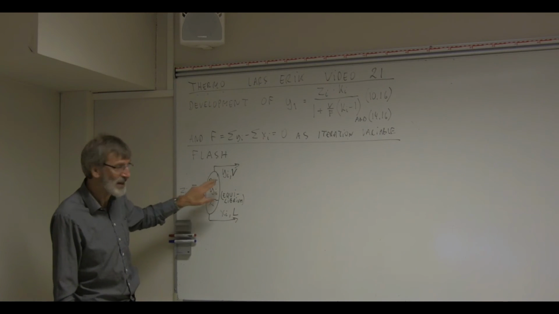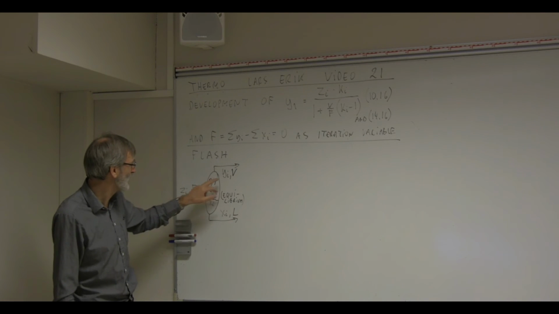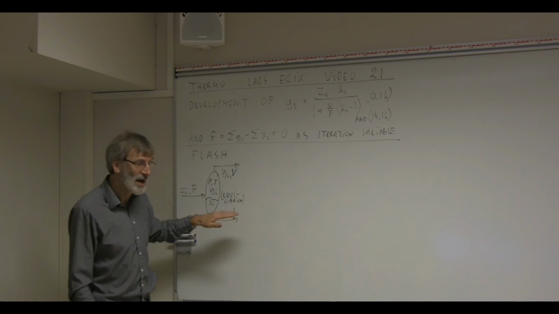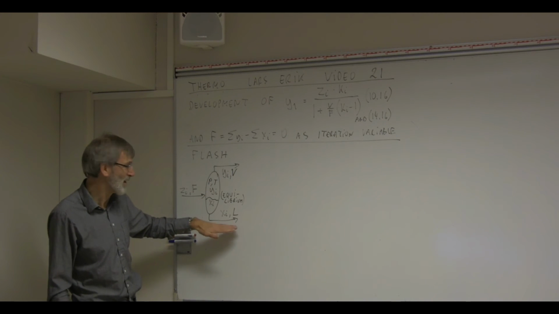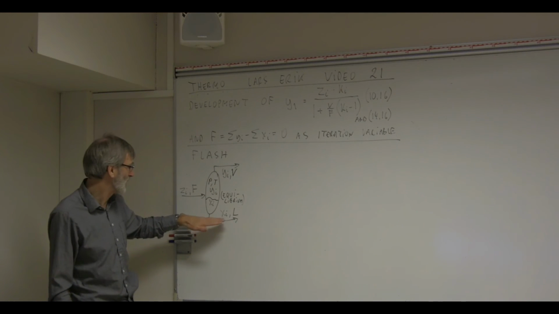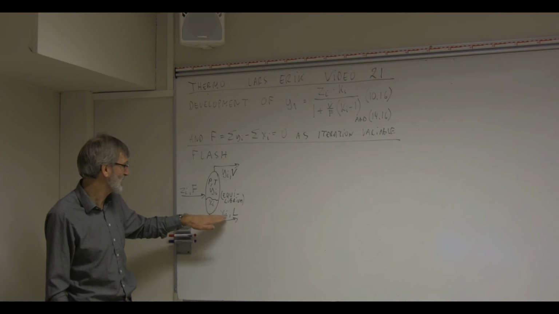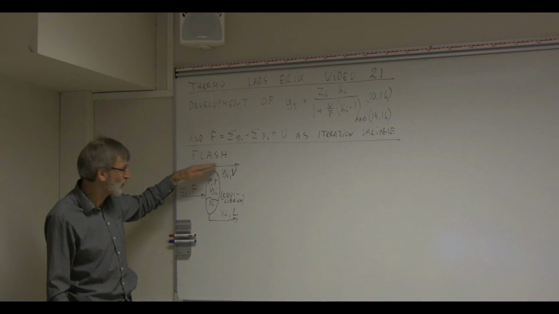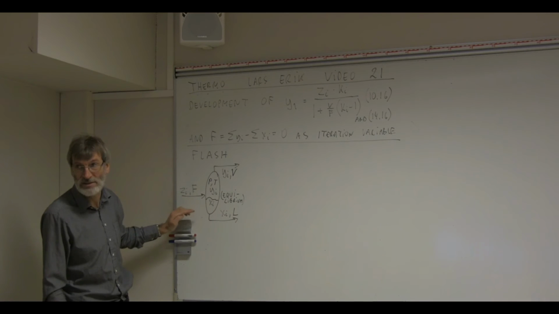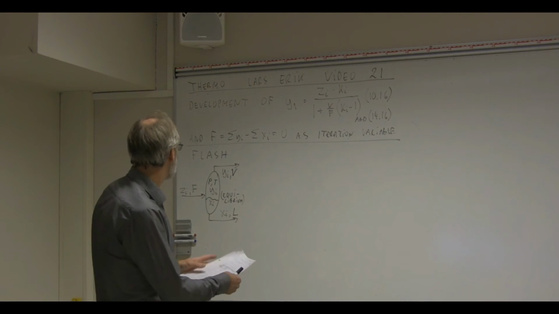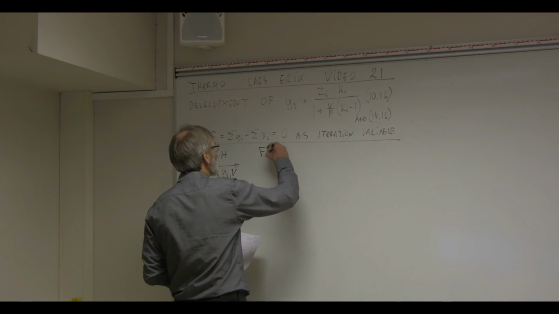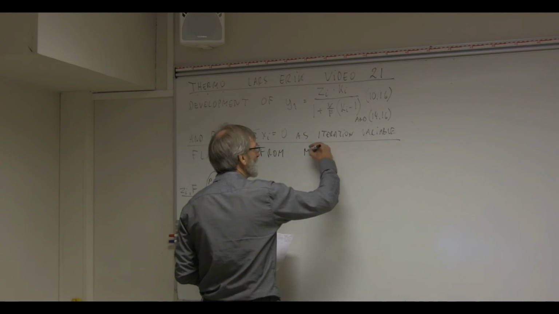Then we have a flash with a pressure and a temperature, and we have a vapor with a vapor composition with the y's, and we have a liquid with the liquid composition, the x's. And we assume that there is equilibrium between the vapor phase and the liquid phase. And then we start with material balances.